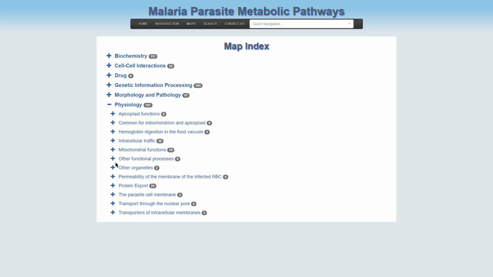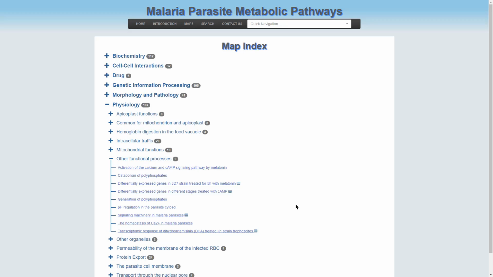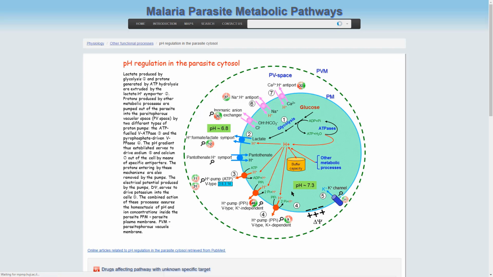We shall now go to other functional processes. You see here, for example, the regulation of pH inside the parasite, and this is the parasite plasma membrane with all the relevant transporters, whose goal is to essentially keep an intracellular pH of 7.3, and as a result of all the proton export and so on, we see here that in the parasitophorous space we have a pH of 6.8.